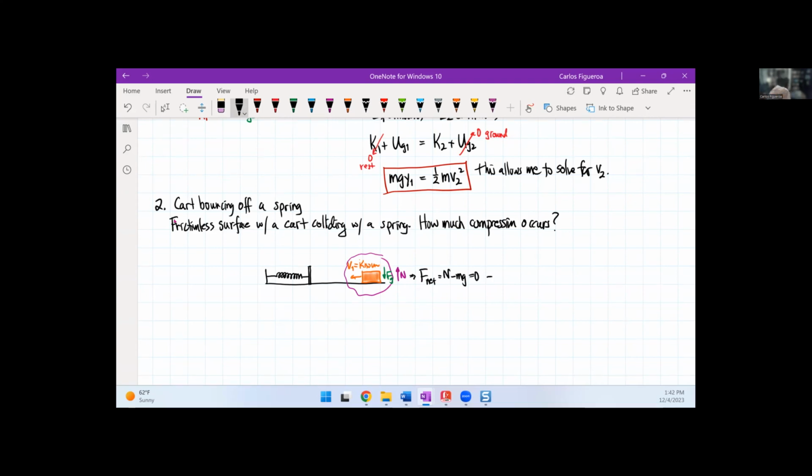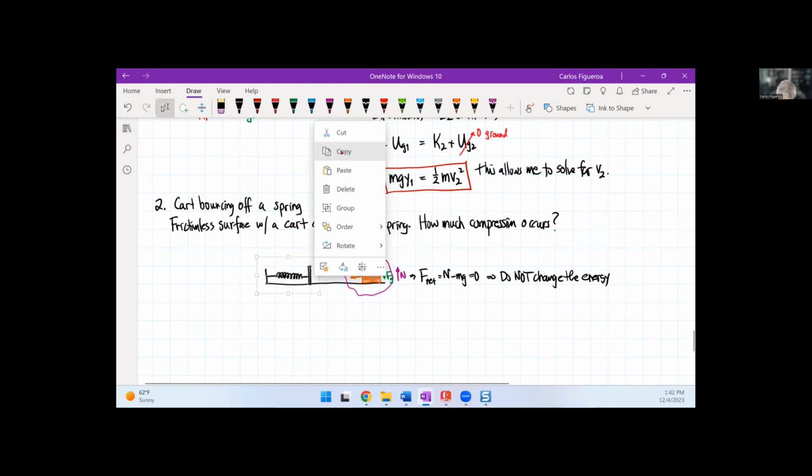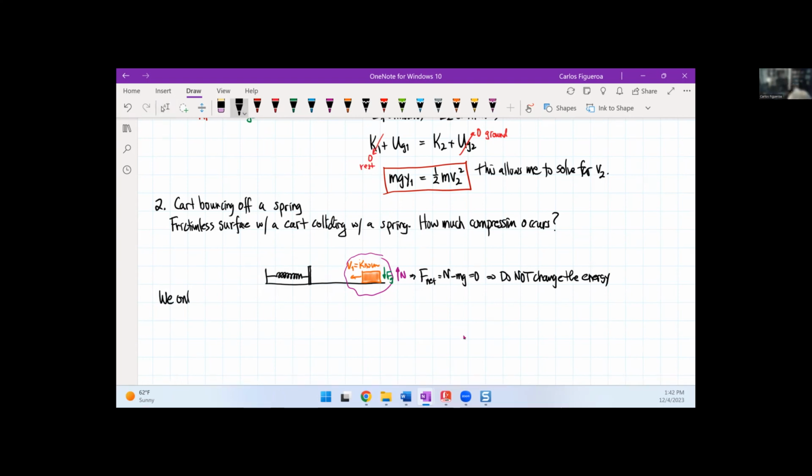So those forces do not change the energy. The only time we care about this is when I have this situation. We don't care about out there. We care about what happens when there's a collision. We only care just before and after the collision.